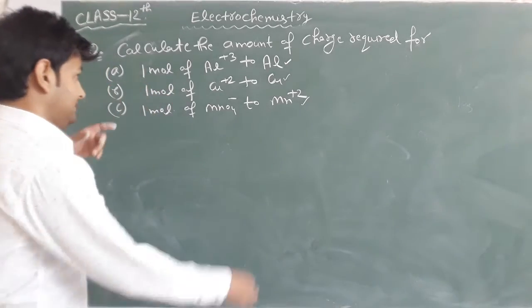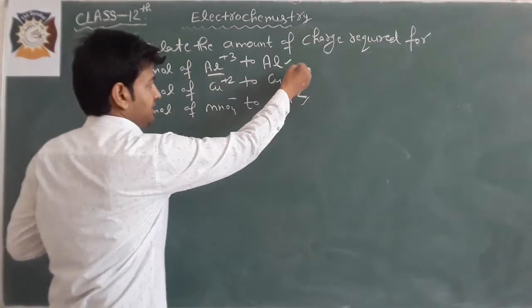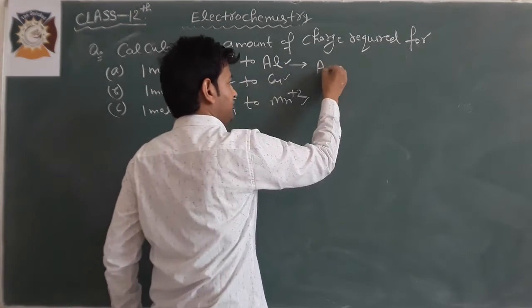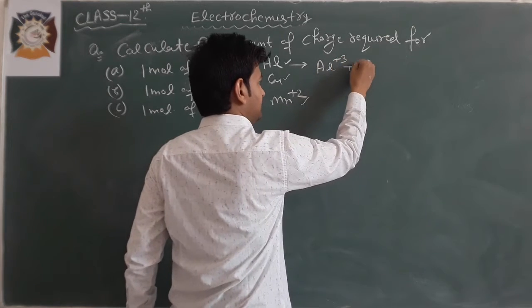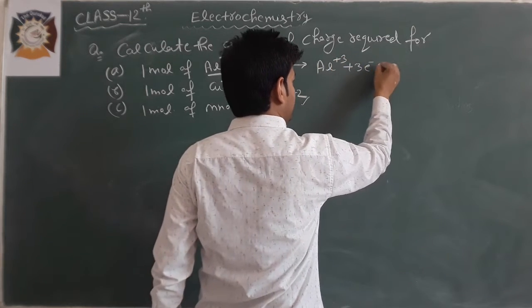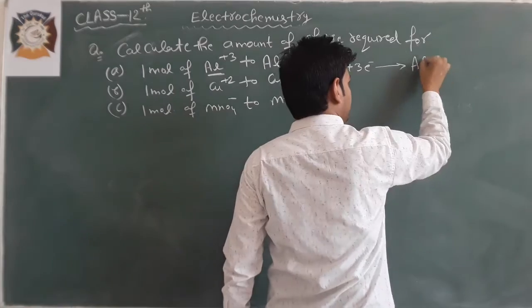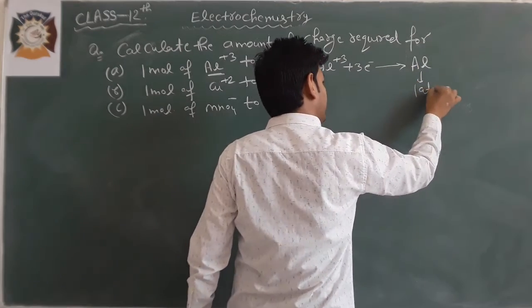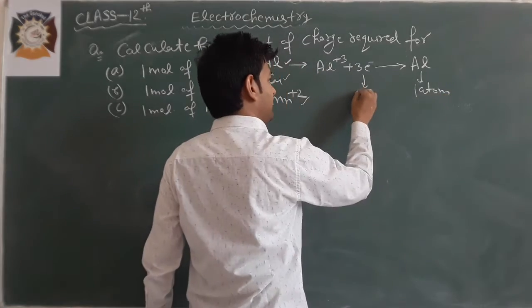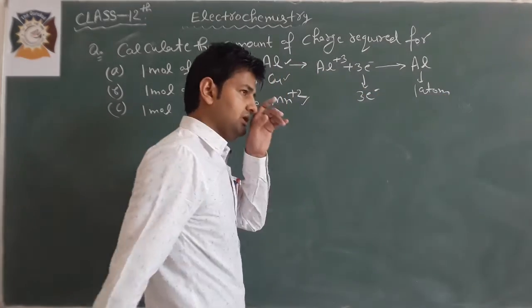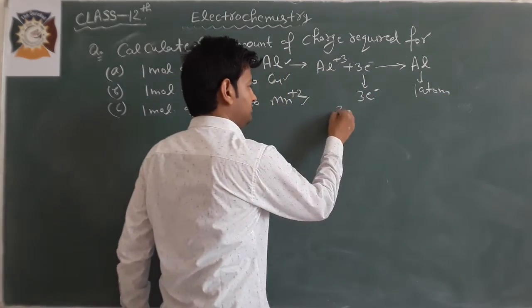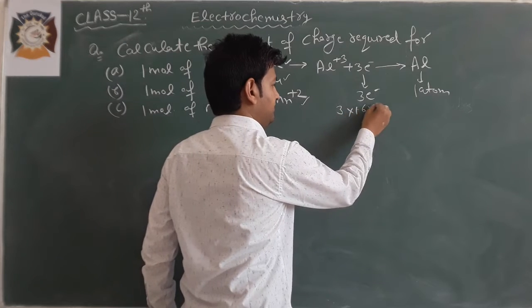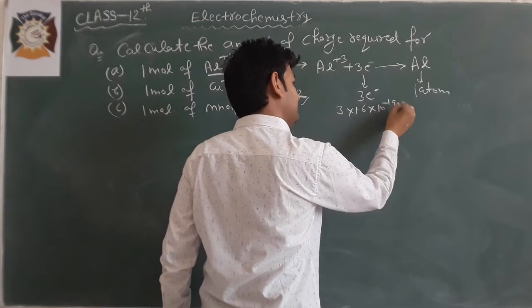As we know, in case of aluminium plus 3, 3 electrons are required for the deposition, so it converts into aluminium. For 1 atom of aluminium, there is a requirement of 3 electrons, so charge is equal to 3 into 1.6 into 10 to the power minus 19.